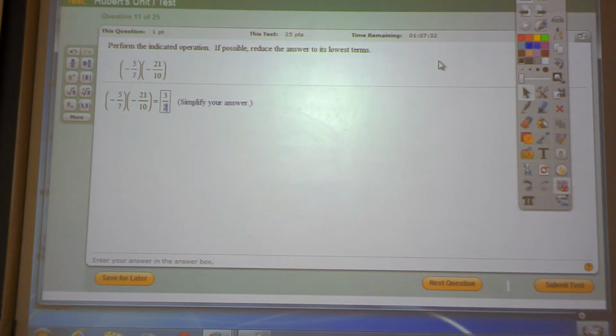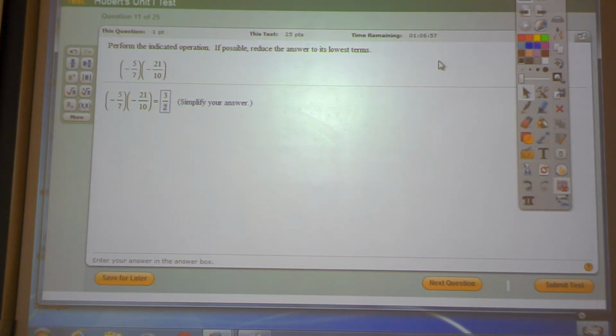Y'all not being intuitive. No, I'm just being quiet. 5 will cancel with the 5 and with the 10. What will that leave? I'm going diagonal. 5 will go into 5 one time, and 5 will go into 10 two times. 7 will go into 7 one time, and 7 will go into 21 three times.